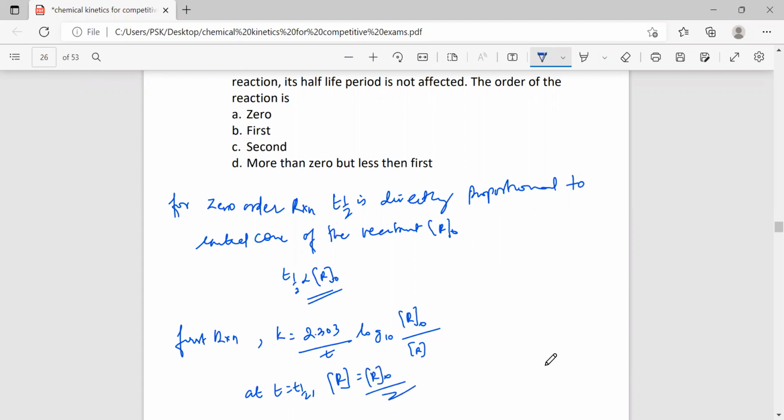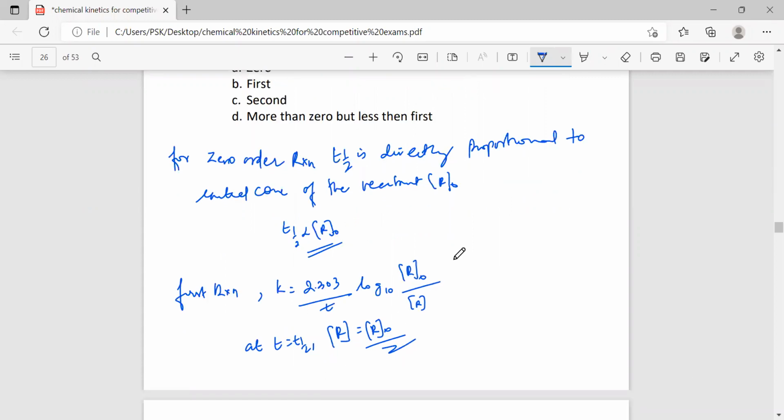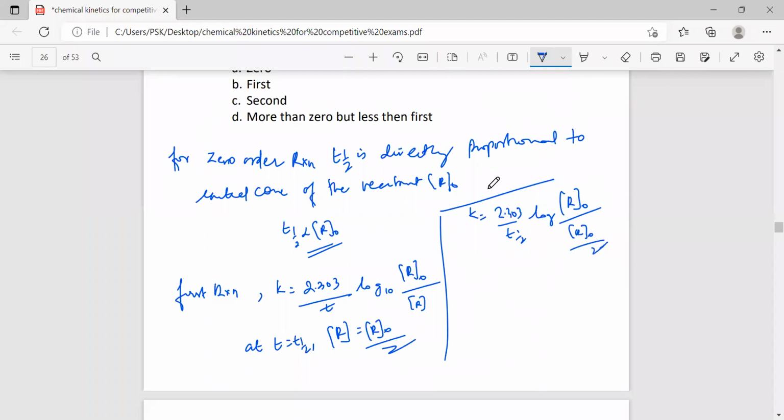So substituting in this above equation, what we get? We get K is equal to 2.303 by T half into log of R naught by R naught by 2. So on simplification, what we will get? 2.303 by T half log 2.